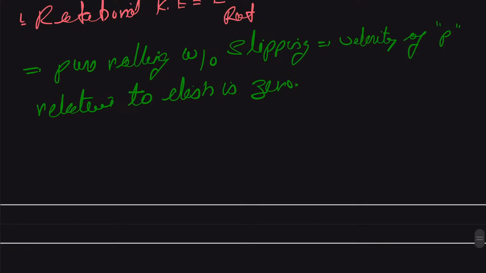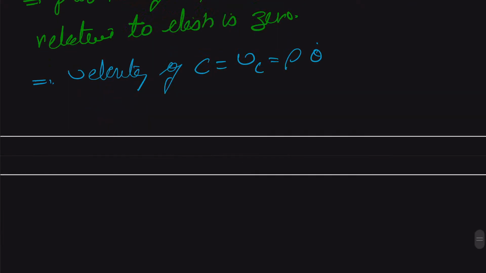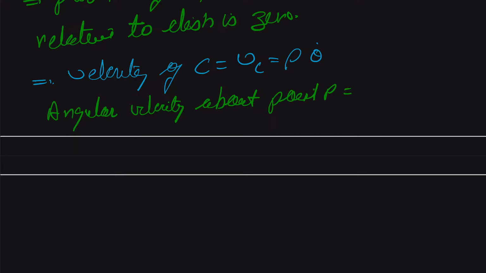Therefore, we can say that the velocity of C, which we have denoted as Vc, is equal to rho times the first derivative of theta. For the angular velocity about point P, we can use our rolling without slipping condition, that is omega P is equal to Vc upon the radius b.